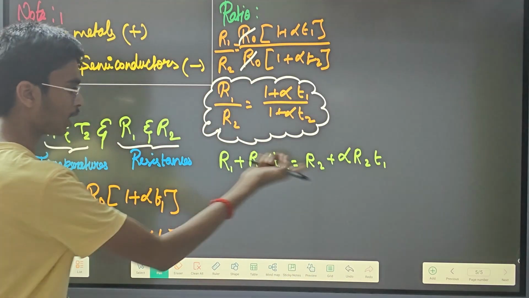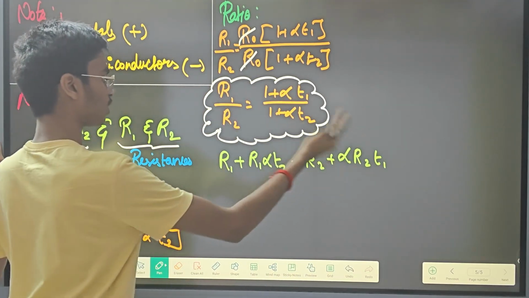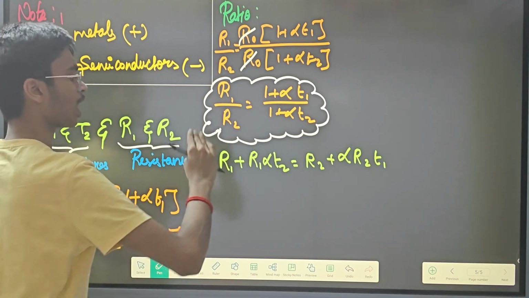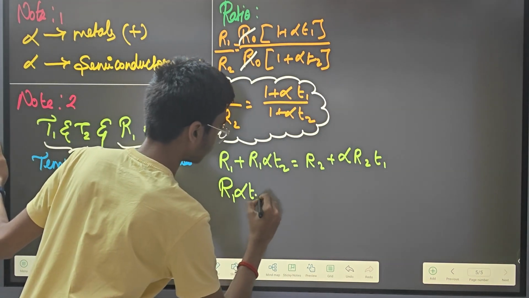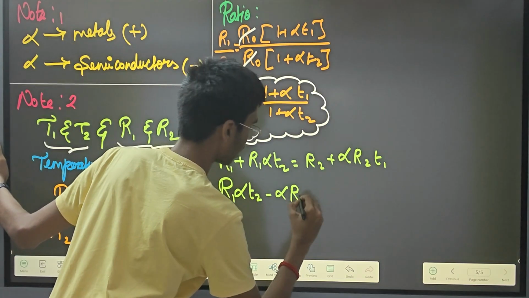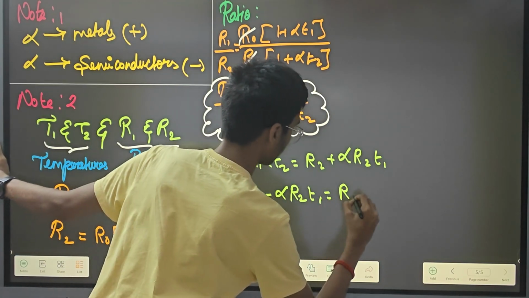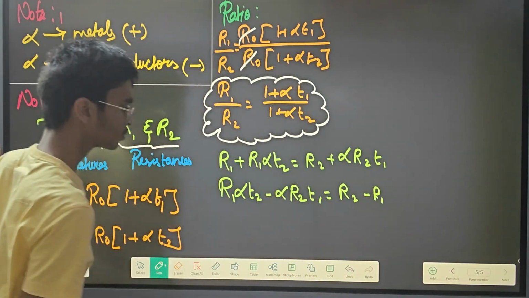Take all the terms having alpha to one side and the terms not having alpha to the other side. So R1 alpha T2 minus alpha R2 T1 is equal to R2 minus R1.